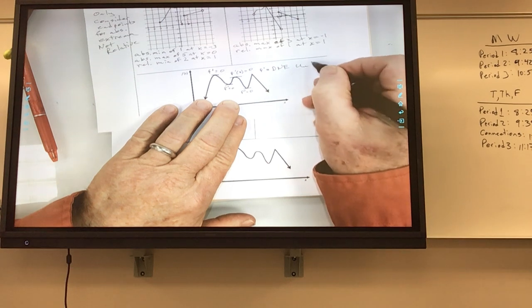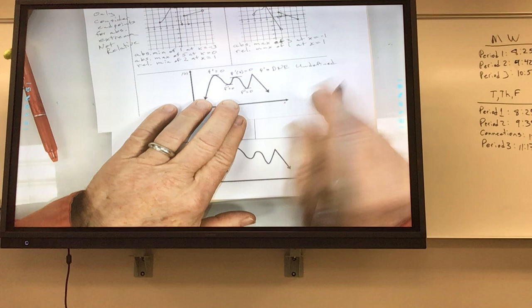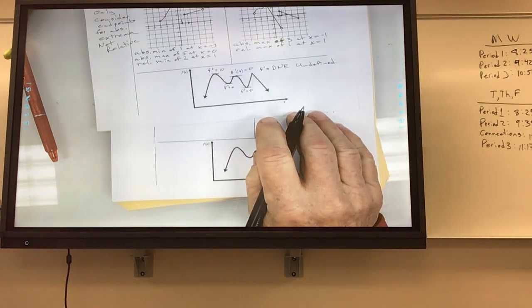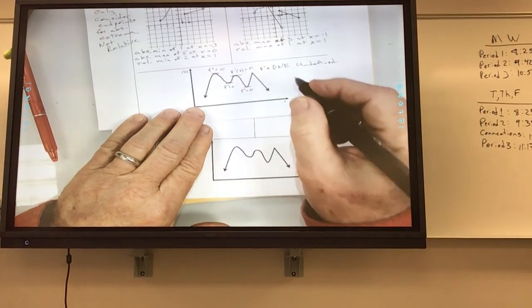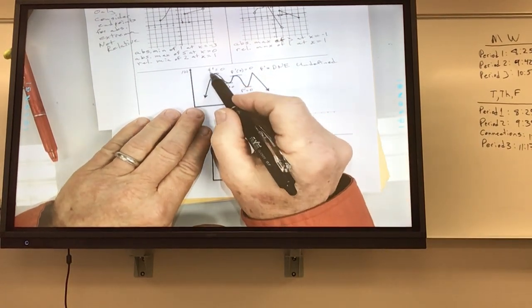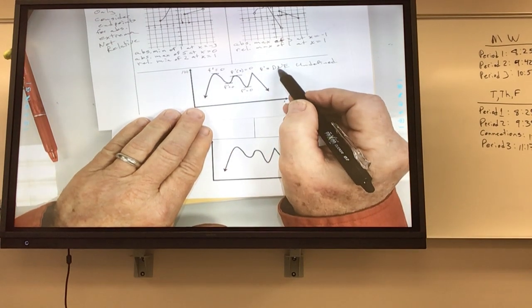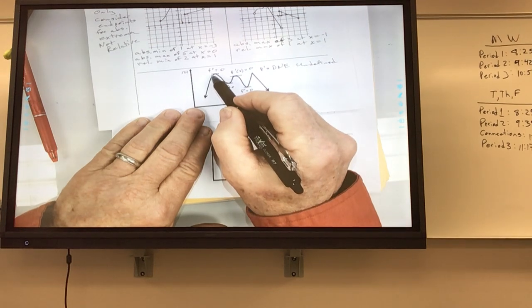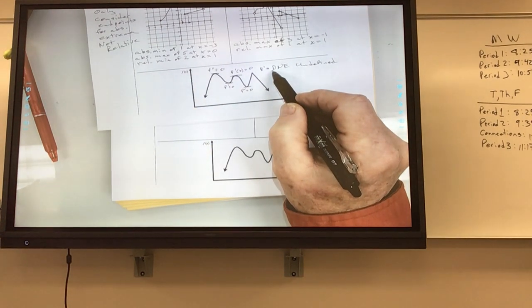It's undefined. So, to find these points here, we either have to have the derivative equal to 0 or the derivative does not exist. Does that make sense to everybody?